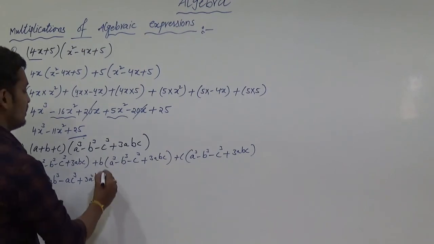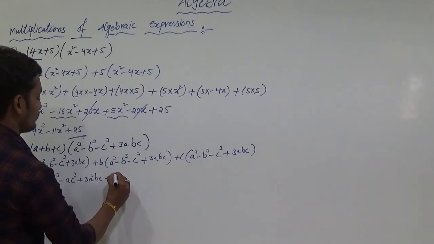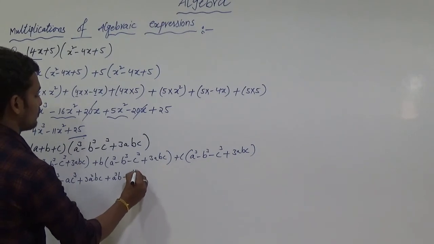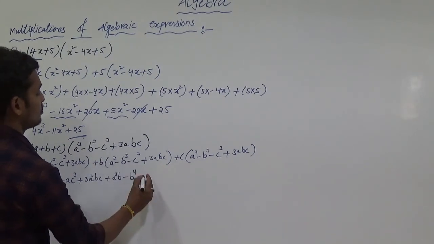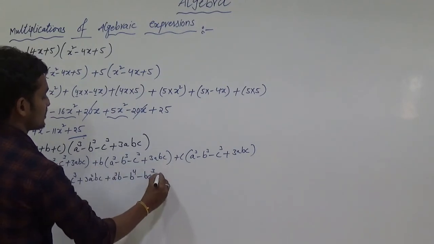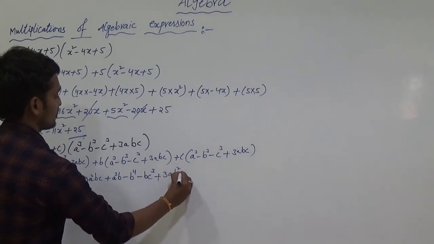Plus b into a cube is a cube b, minus b into b cube is b power 4, minus b into c cube is bc cube, plus 3 a into b into b square c.